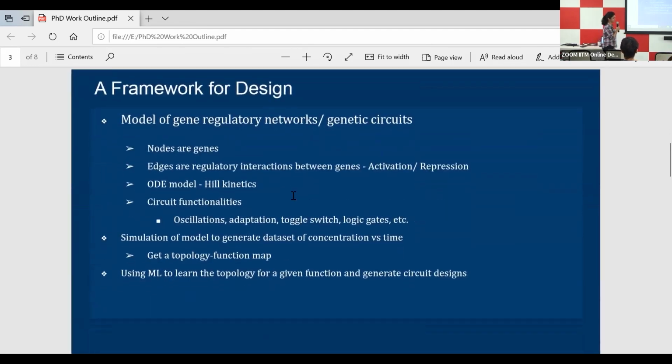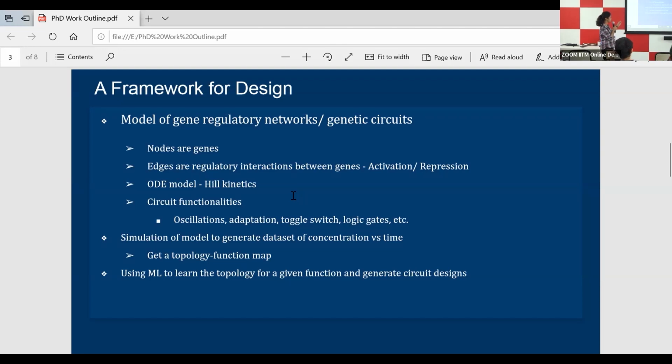What I'm trying to do is come up with a framework which I can use to computationally come up with the blueprints of the circuit that a biologist can take to the wet lab and build actually using biological components.